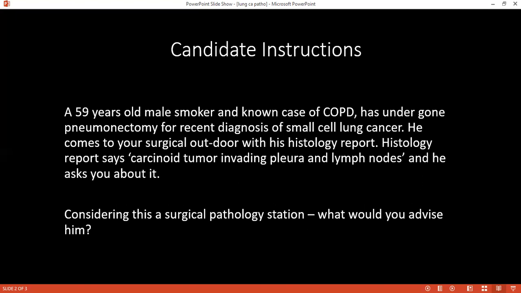Okay. Can you tell me what should be the treatment, or what advice would you give to the patient after reading this stem? Okay, so here they found a carcinoid tumor invading the pleura and lymph nodes. So it's already T4, NX and M1.